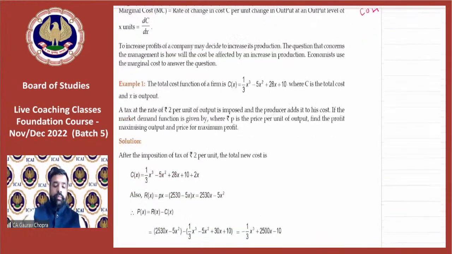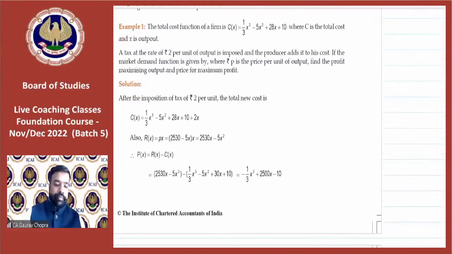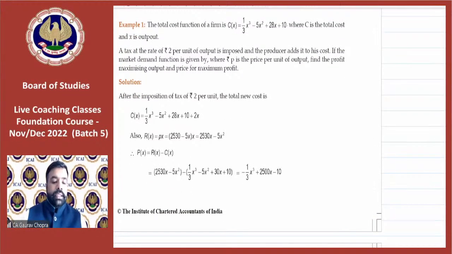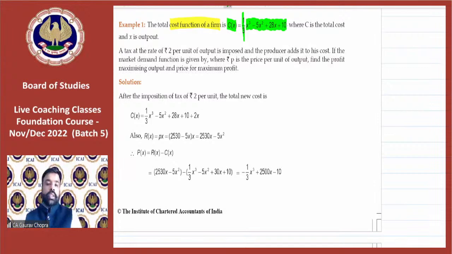So let us take one practical question based on this. Example 1 says the total cost function of a firm is C(X), where C(X) means cost at X units, equal to 1/3 x cube minus 5x square plus 28x plus 10. This is given, where C is the total cost and X is the output.